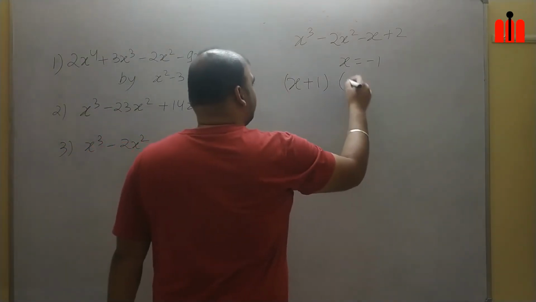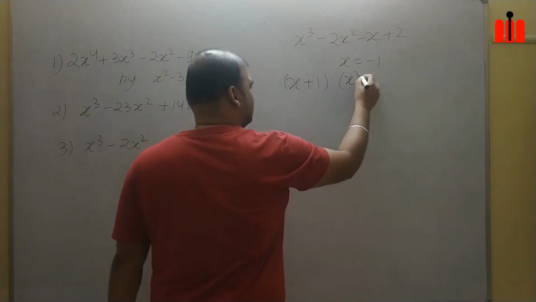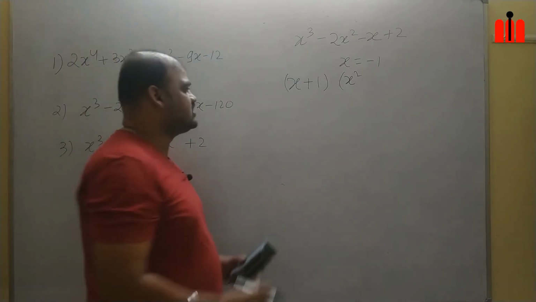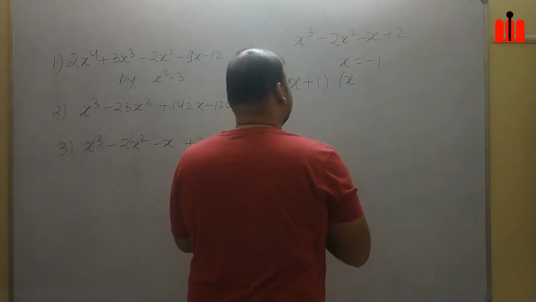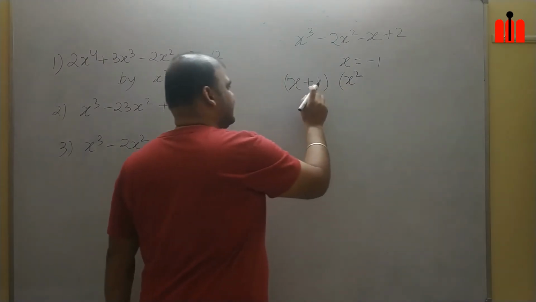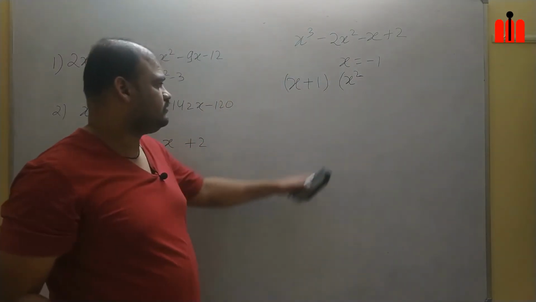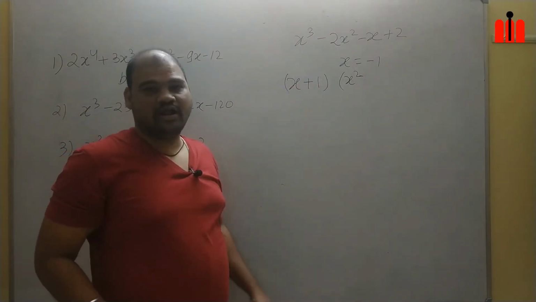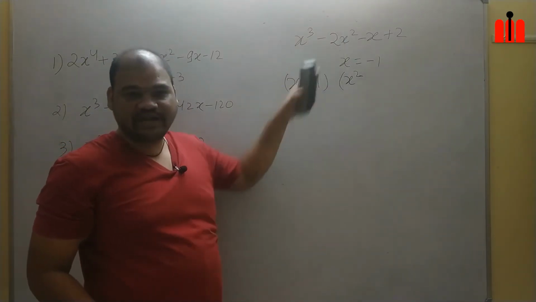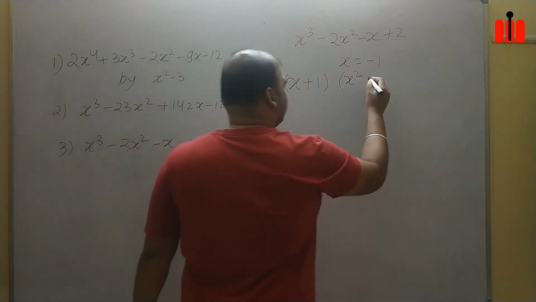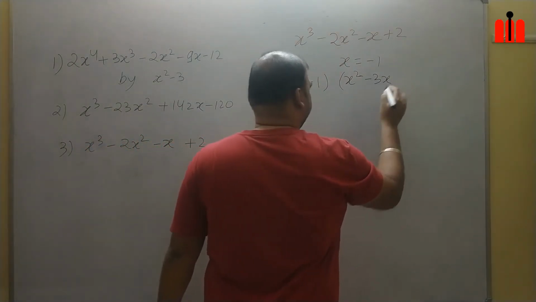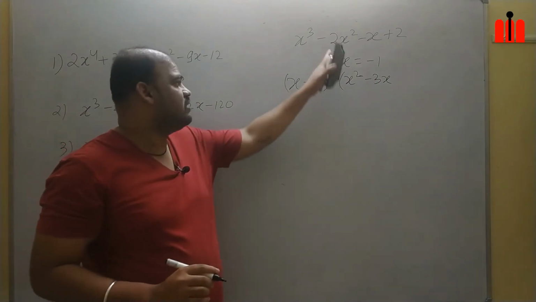Now, first is x cube, so I will multiply with x square. Once I multiply with x square, here it will be x cube, so first we satisfied, after that it will be x square. But here we are having minus 2x square, so we have to make minus 3x square to make it as minus 2x square.